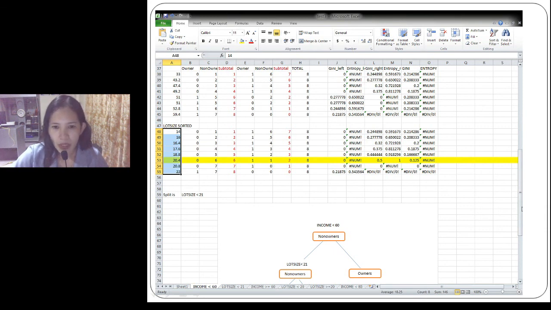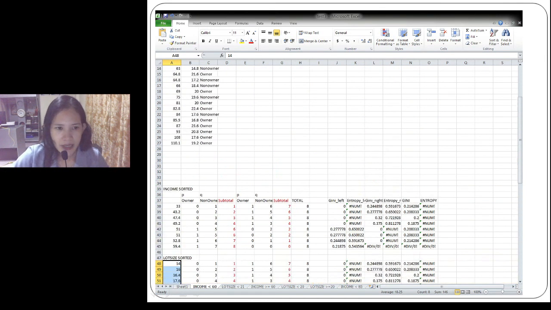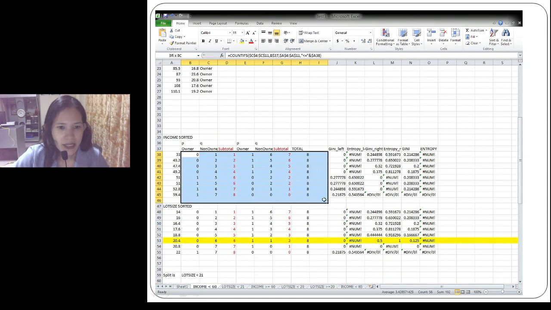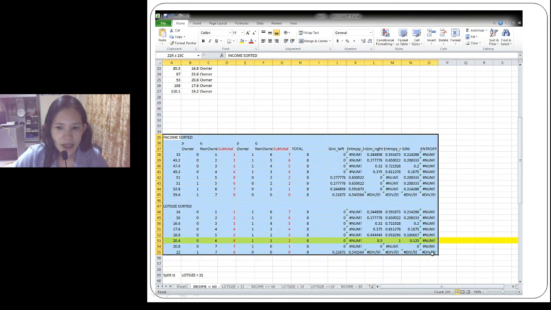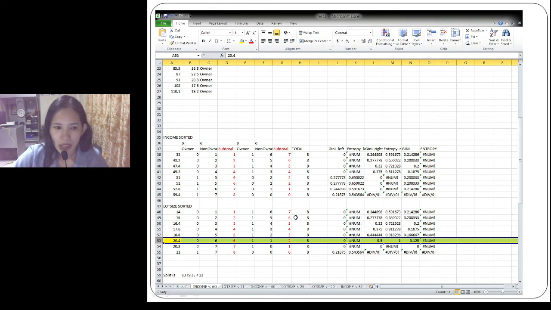So this is how we do the classification tree manually using Excel. And then with the same process from income and lot size, we can see that the split will be from the lot size, which is less than 21.